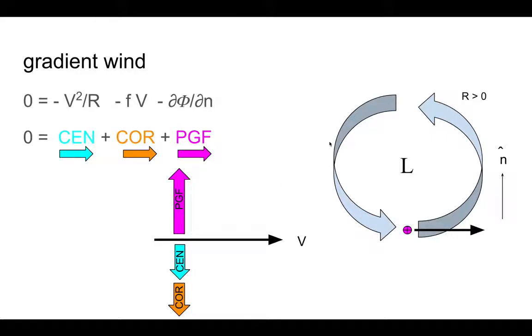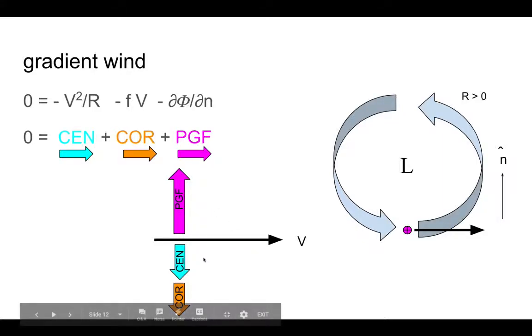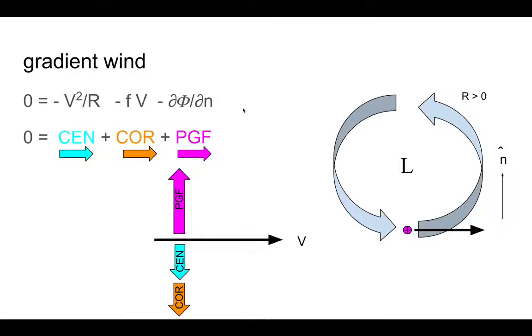And so we get back to the situation where we first started, where we might have some sort of turning, in this case cyclonic, counterclockwise with a positive radius, and a balance between a pressure gradient force, Coriolis, and centrifugal acceleration that would satisfy this force balance. So in order to figure these out, we need to look at the equation.